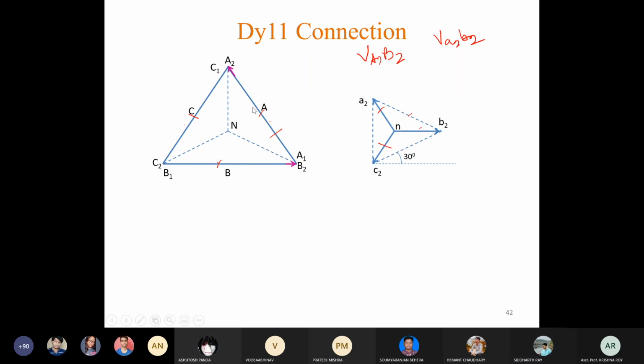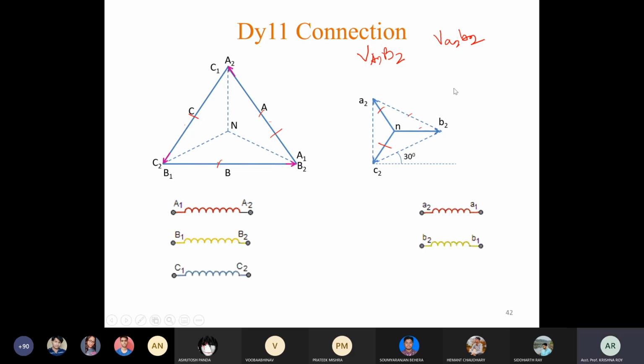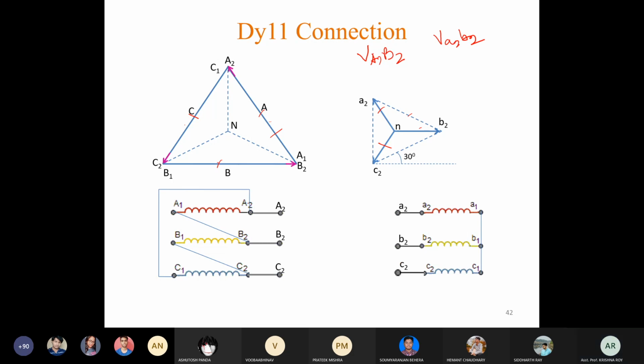Yes, sir. Now draw the connection diagrams. The connection of the secondary side remains the same, only the primary side connection will change. Here A1, B2 are short circuited, B1, C2 and C1, A2, and the input terminals remain fixed. In case of the secondary side, all one terminals are shorted, and outputs are taken from the two terminals.